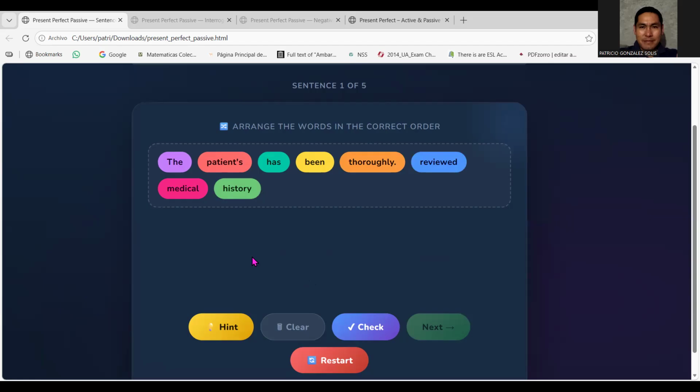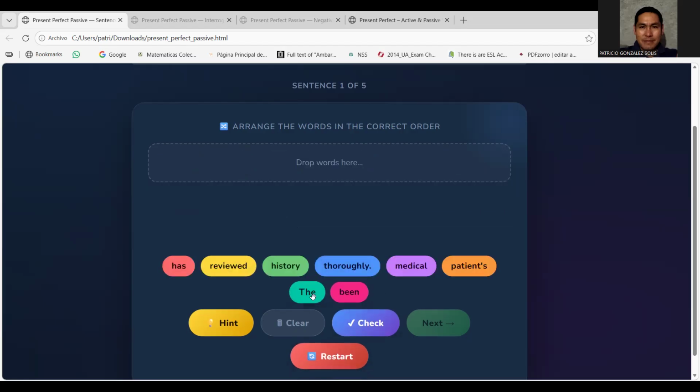Yes, let's remember. In this case, the patient's indicates possession. And the possession is the medical history. Oh sorry, we need to modify this part over here. Let me restart. Okay.